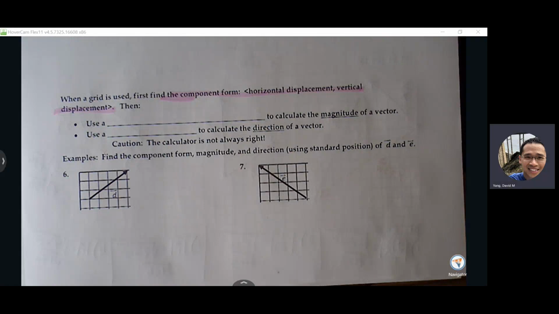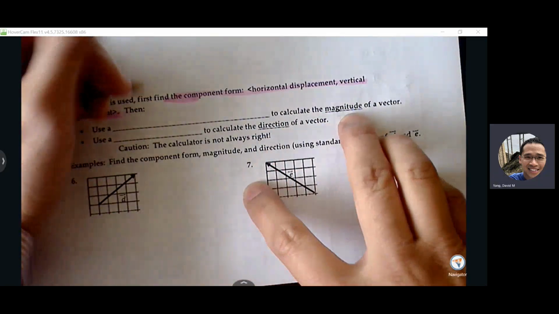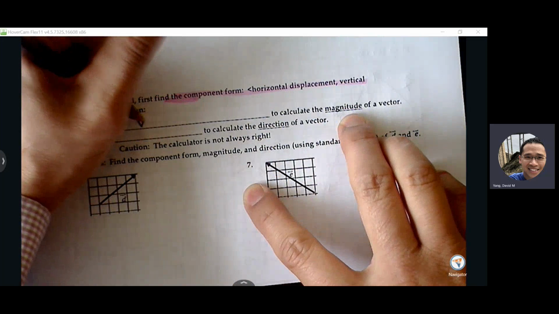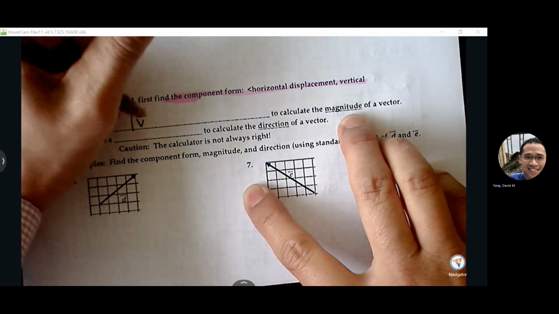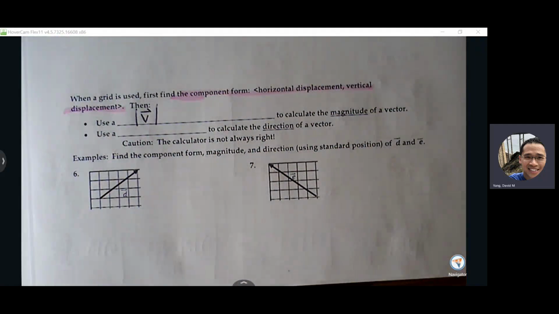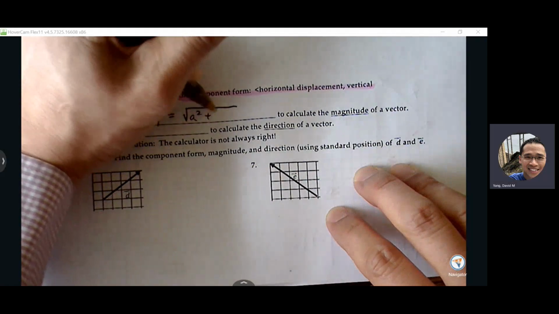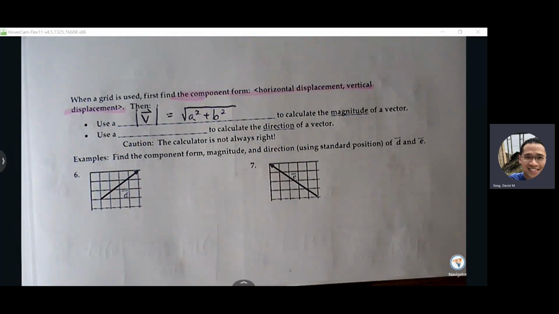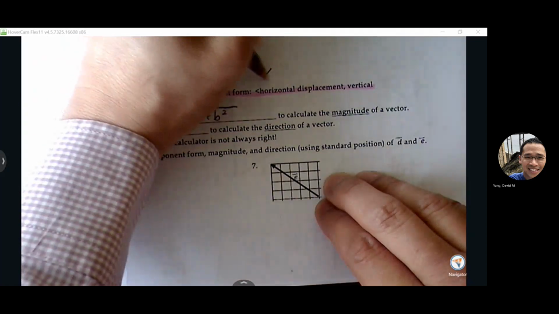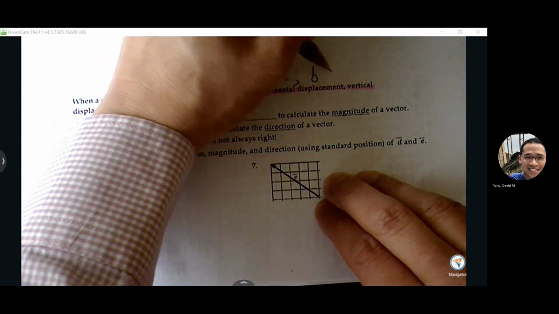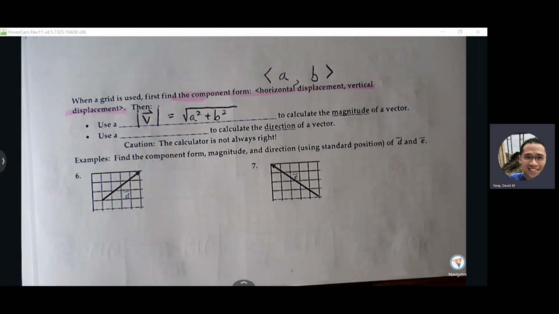So we're going to use the Pythagorean theorem to calculate the magnitude of the vector. We talked about that. I'll use V for vector, and then the vertical bars, which is the notation for magnitude, is the horizontal component squared plus your vertical component squared. I'll let A represent my horizontal component, and I'll let B represent my vertical component.